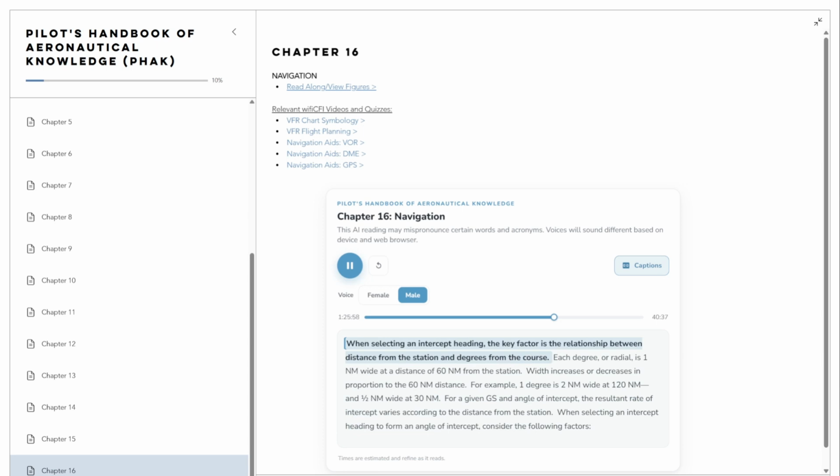When selecting an intercept heading, the key factor is the relationship between distance from the station and degrees from the course. Each degree, or radial, is 1 nautical mile wide at a distance of 60 nautical miles from the station. Width increases or decreases in proportion to the 60 nautical mile distance. For example, 1 degree is 2 nautical miles wide at 120 nautical miles, and 1/2 nautical mile wide at 30 nautical miles.